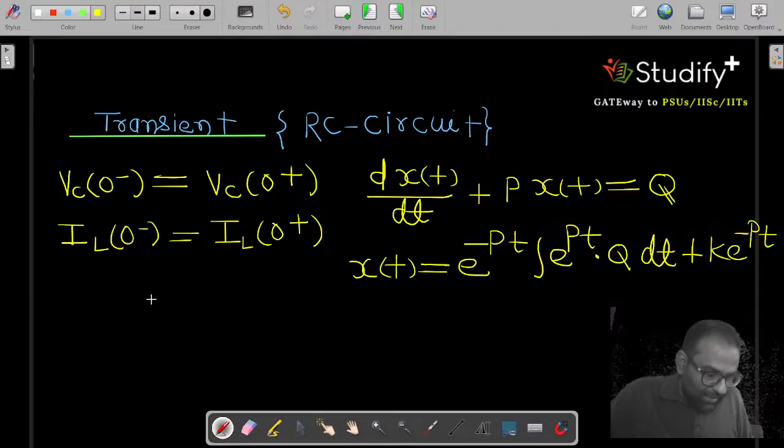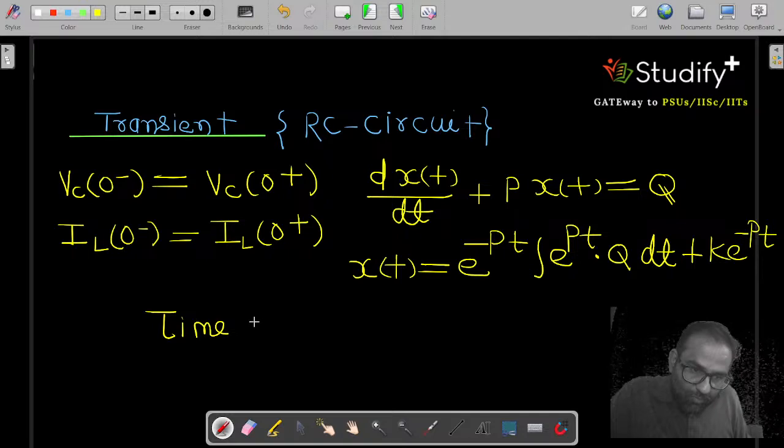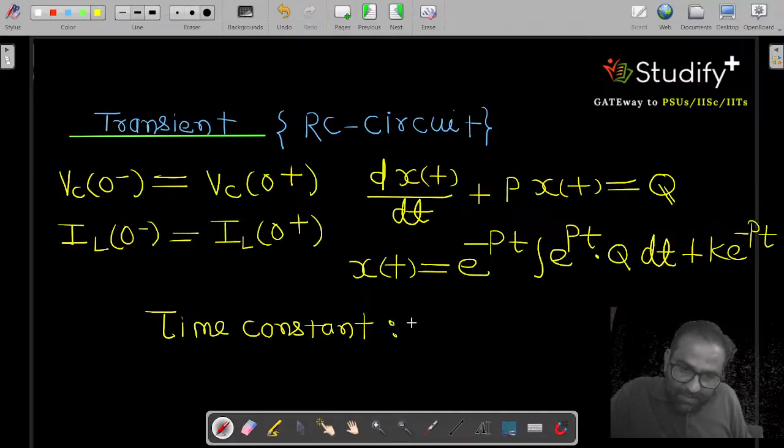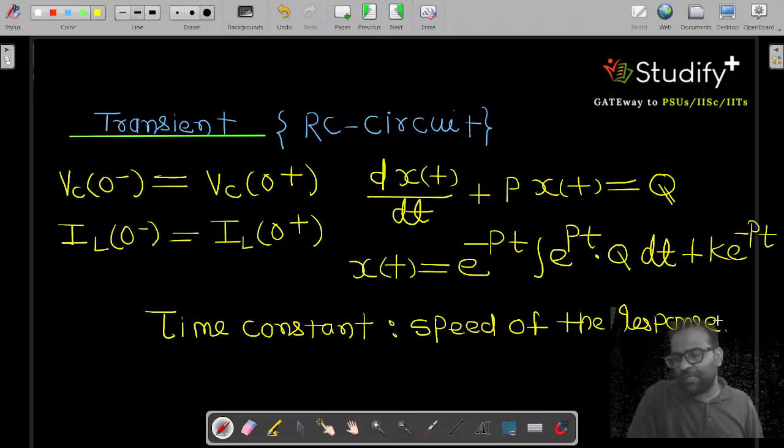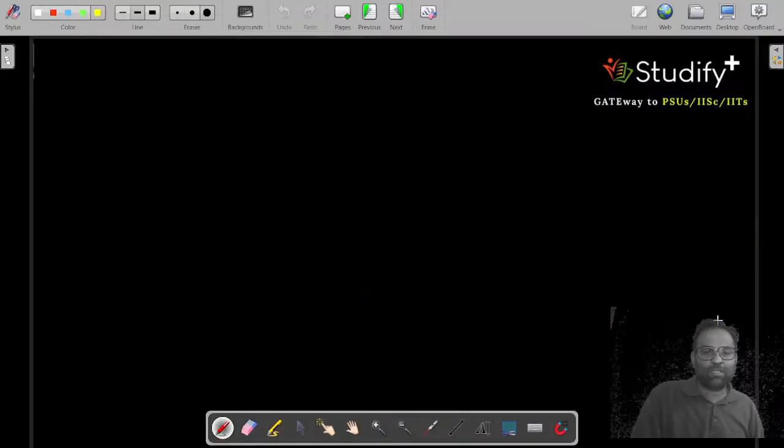The time constant represents the speed of the response, and yesterday we had a detailed discussion on the time constant.